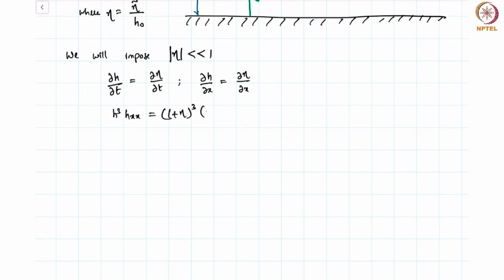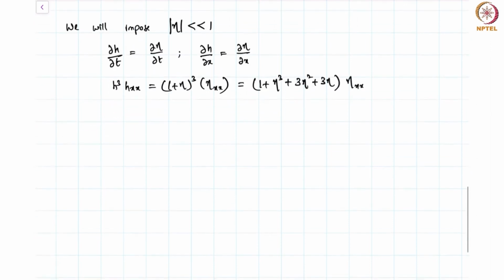What is hxx here? It will be eta xx. Remember, the subscript x denotes a derivative with respect to x. Now I can do an expansion here. This would be 1 plus eta cube plus 3 eta square plus 3 eta times eta xx. So this is nothing but eta xx plus small terms.